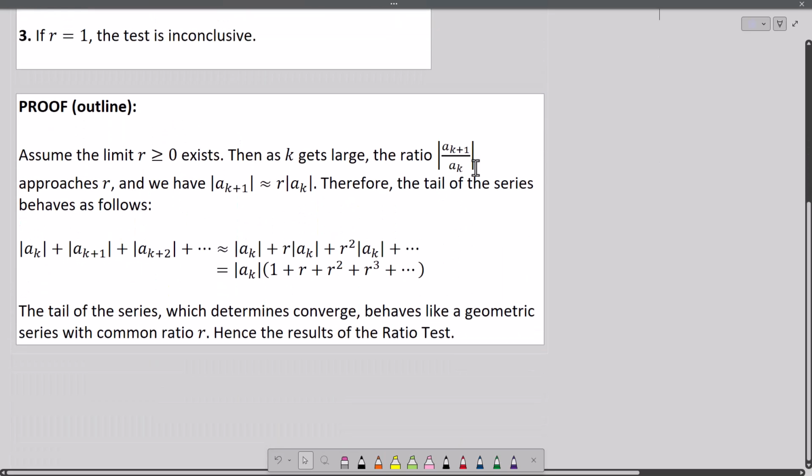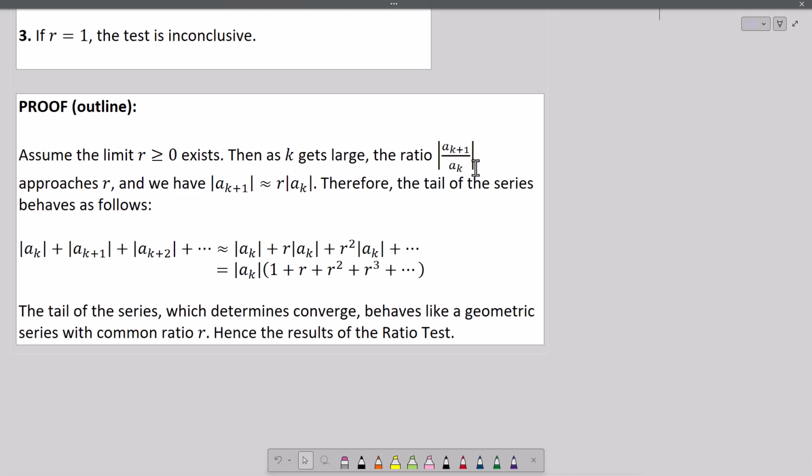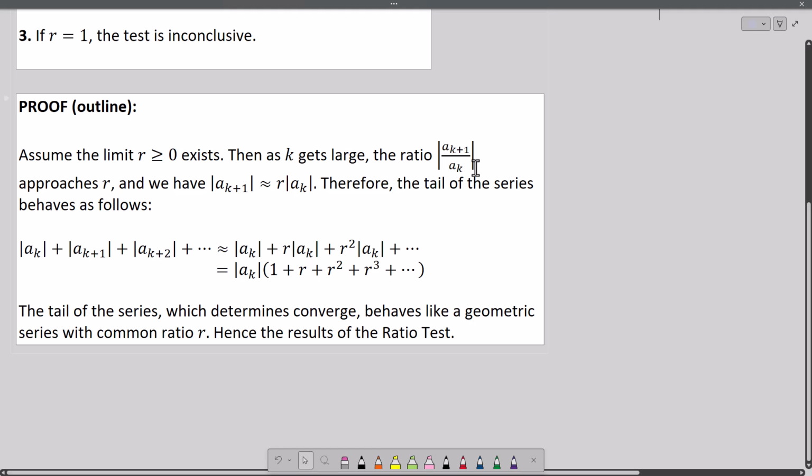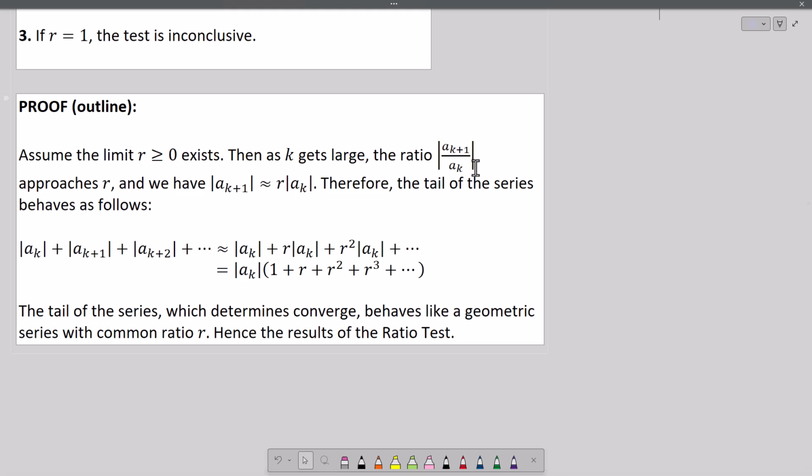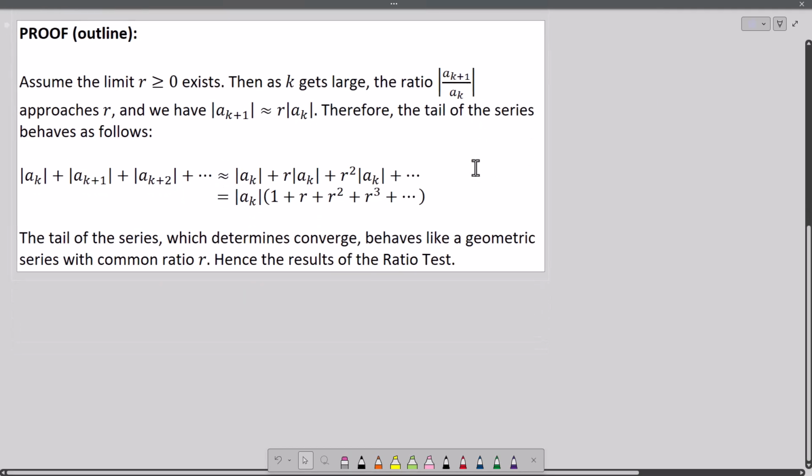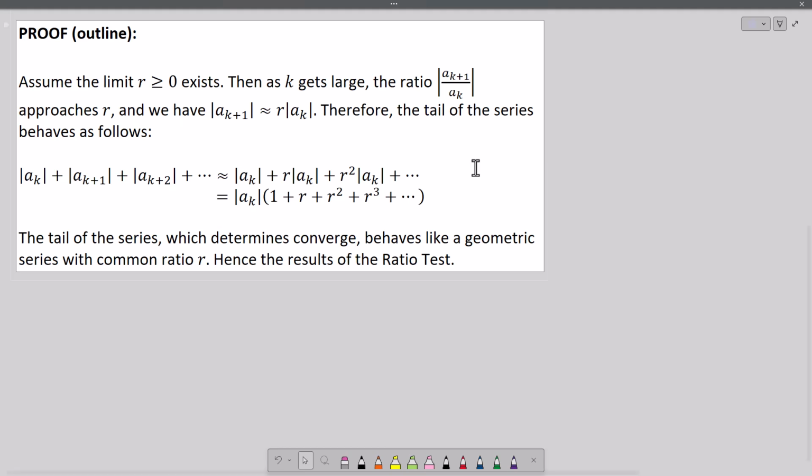Okay. So as we get further out in the sequence, if this ratio is approaching r, it's like this ratio is equal to r eventually. And if you multiply both sides by a sub k, absolute value, you get that. That's geometric. When you have a term and you multiply by r to get to the next term, and you multiply by r to get to the next term, this tells us that the tail of this sequence is essentially geometric. And we know that a geometric series converges if r is less than 1.